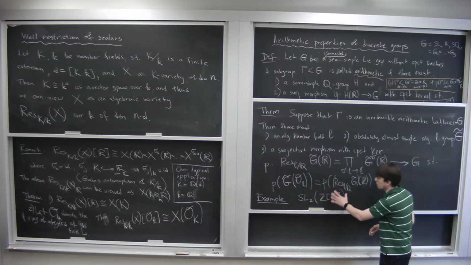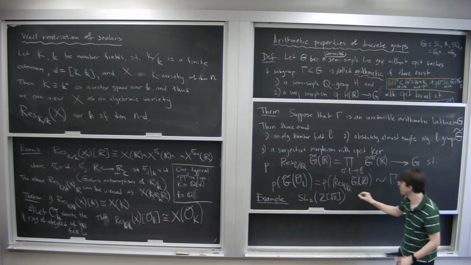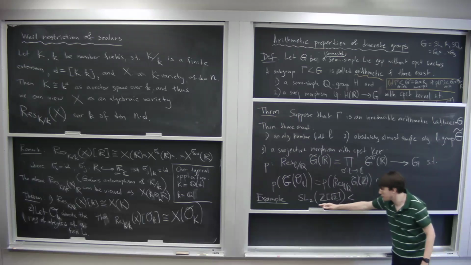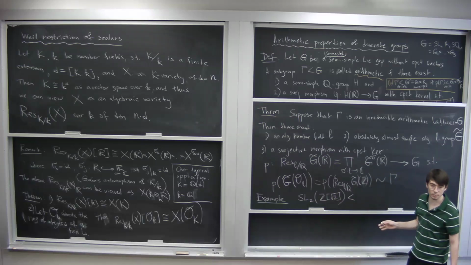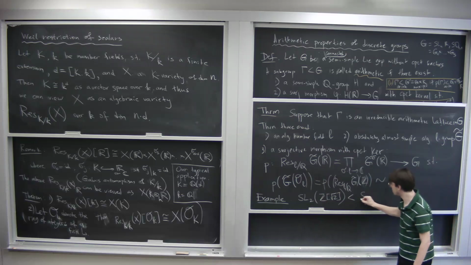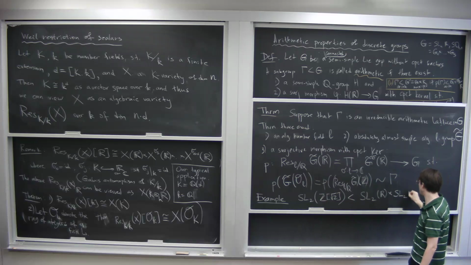So it's going to be a module of rank 2 over Z, right? Definitely it can be viewed as a subgroup of SL2(R), but it's going to be dense, not a discrete subgroup, but it happens to be a lattice in the product SL2(R) times SL2(R).